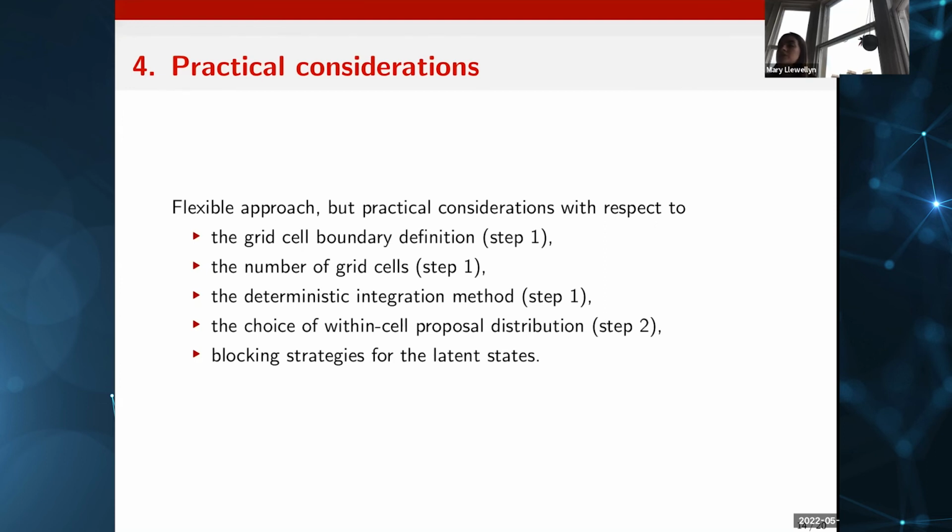So we would generally advise some sort of pilot tuning to determine an appropriate number of states to update in each block. But when done correctly, using block updates can add a lot to the efficiency of the algorithm. So it's worth considering how you might be able to do that efficiently for your problem.